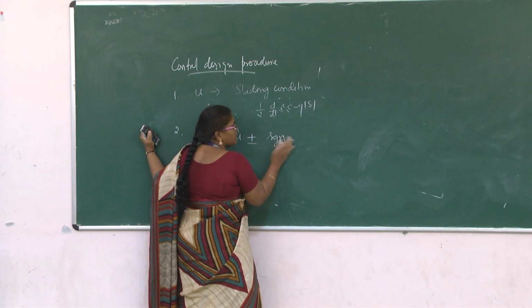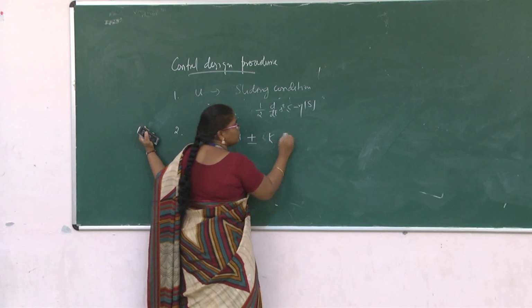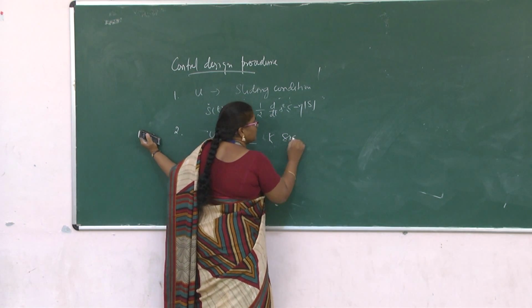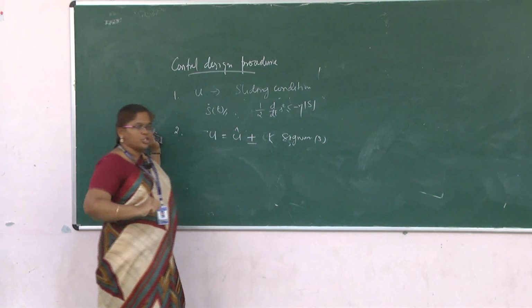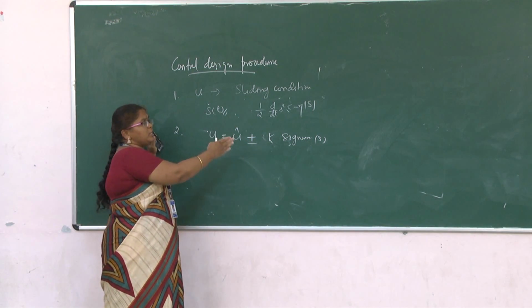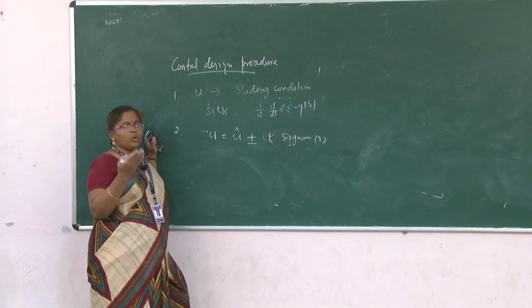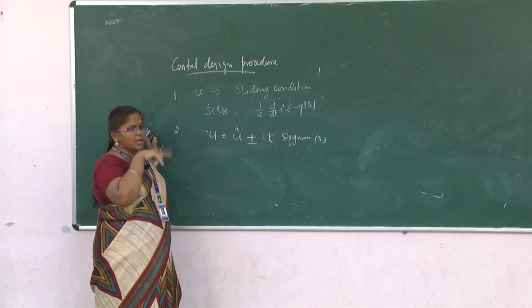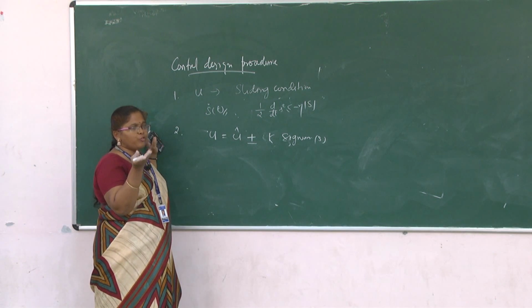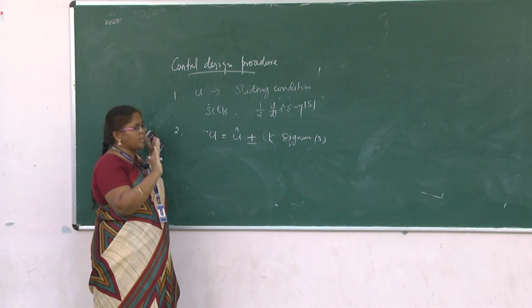I can say it is some constant into signum of s. Signum of s is a discontinuous function. But generally the signum function is very hard to realize in practice, because discontinuous means it is up and down, and you have lots of wear and tear. So generally it has to be addressed.